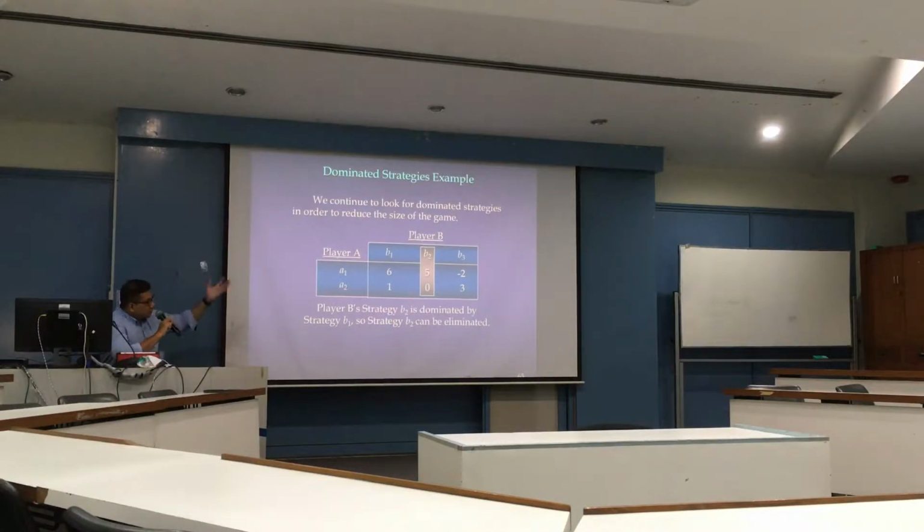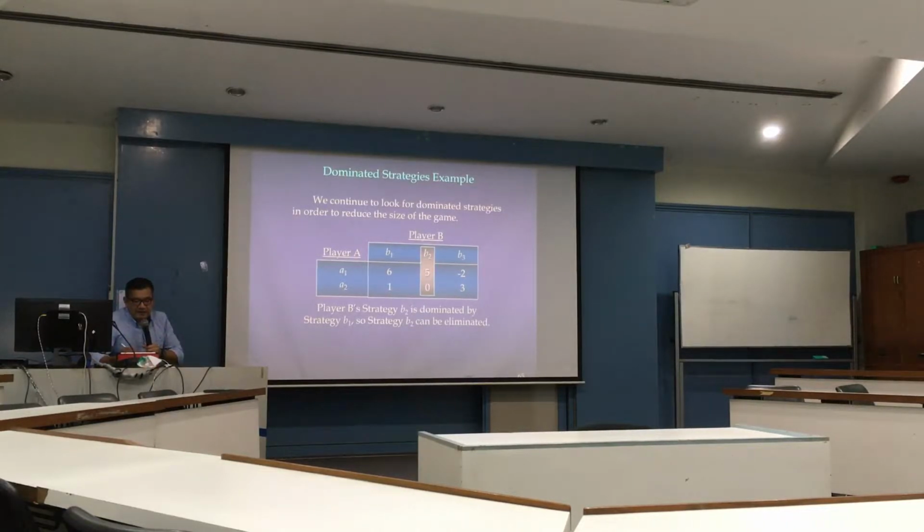Also, for player B as well, if you consider strategy B1 and B2, strategy B1 dominates B2, because no matter whether player A uses strategy A1 or A2, strategy B1 always wins over B2.